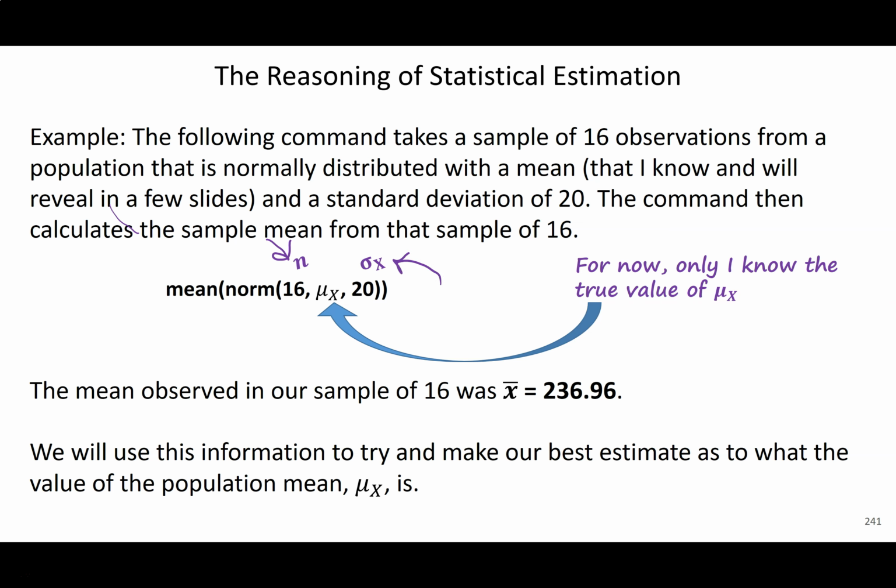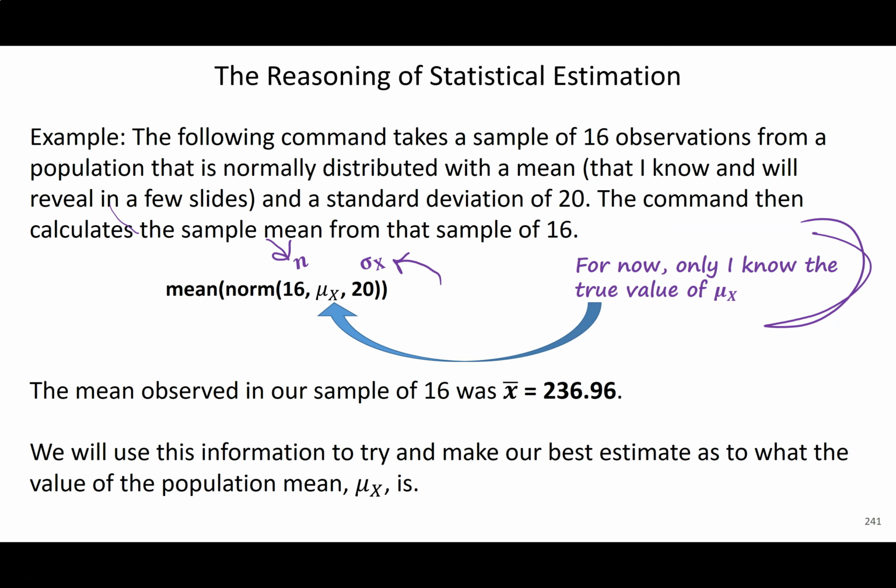So I'm giving you the information that there are 16 in the sample and that the standard deviation of the population is 20. I know the true value of sigma of x. The idea is we're going to calculate an interval and see how it does. See, hey, does it capture that true value?